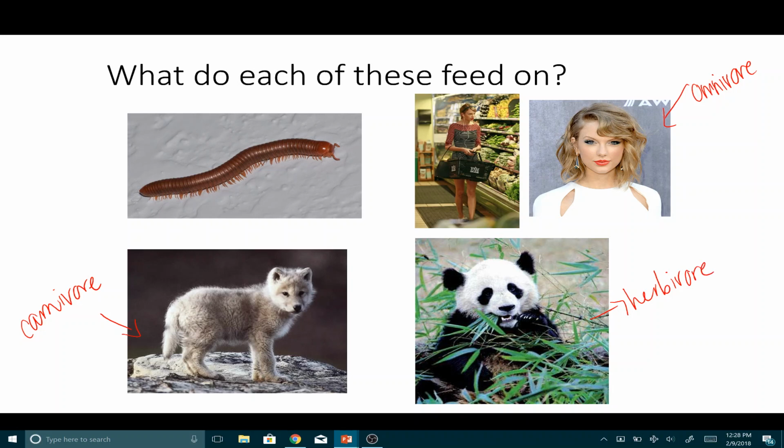And then we have up here a centipede that is going to eat decaying organic matter, which means non-living organic matter, like dead leaves and animals, dead plants, and these are called detritivores.